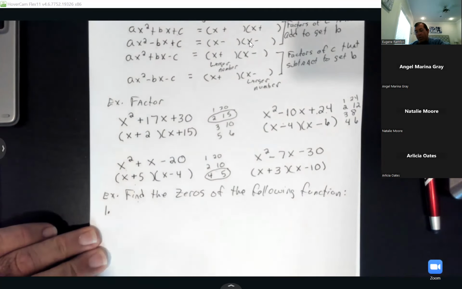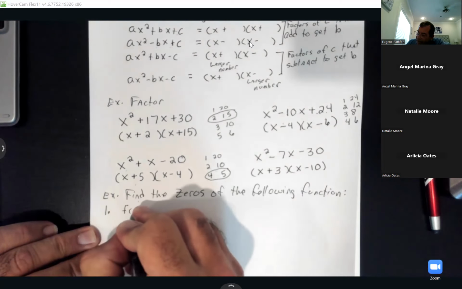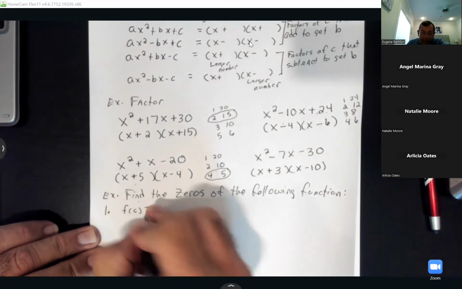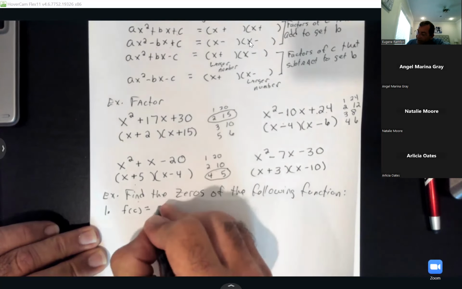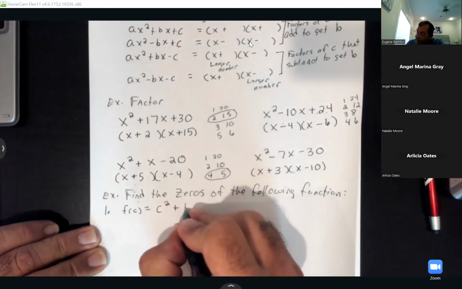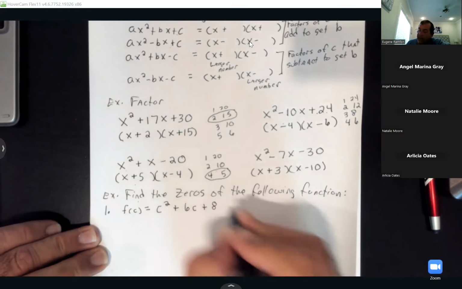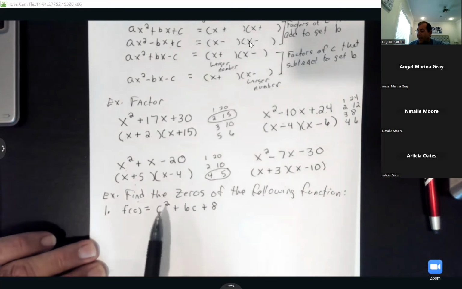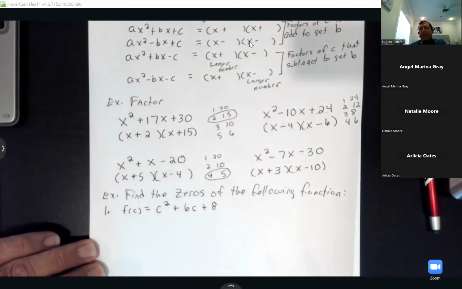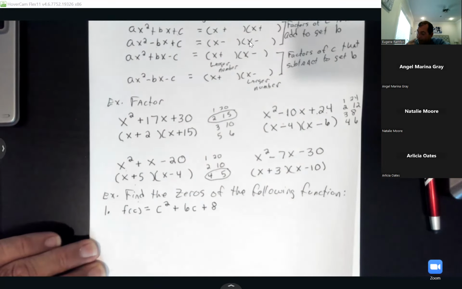And then the rest we'll learn how to do with the quadratic formula. So they got this. F of C equals C squared plus 6C plus 8. Now, finding the zeros in algebra means the same thing as finding the solutions, okay?